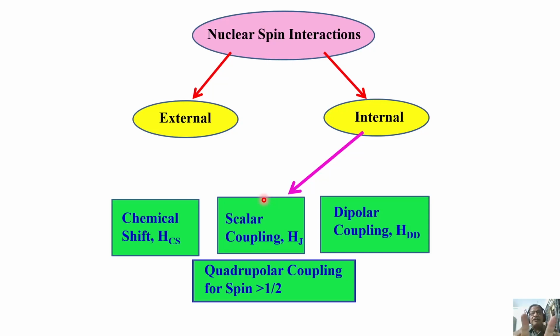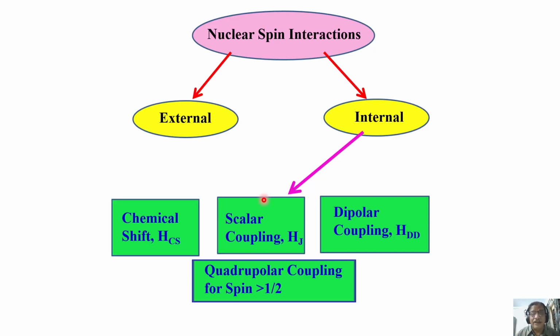Just imagine two magnets are there. You keep one magnet far away, other magnet far away. There won't be any interaction. As you bring them closer and closer, and you become very close, you have seen it. You would have seen in your school days or early college days, when these two magnets come close, there is an interaction, either attraction or repulsion, depending upon the way you bring them closer.